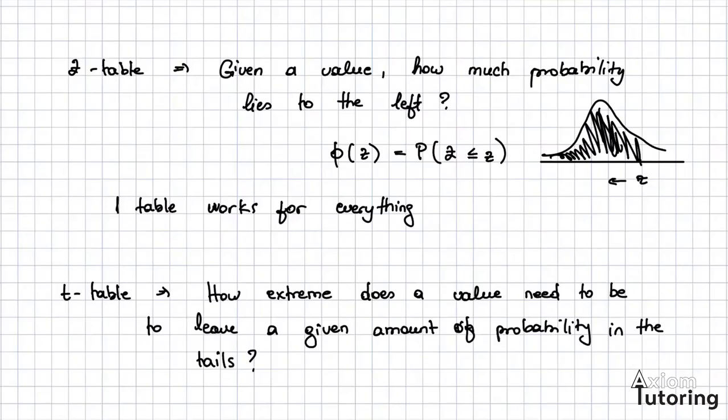Because the t-distribution depends on degrees of freedom, keep in mind we are usually making decisions, not just reading probabilities. So the table is giving you cutoffs, not areas.